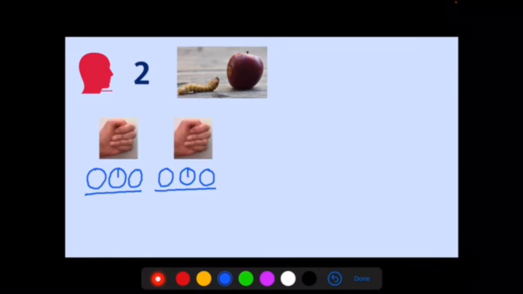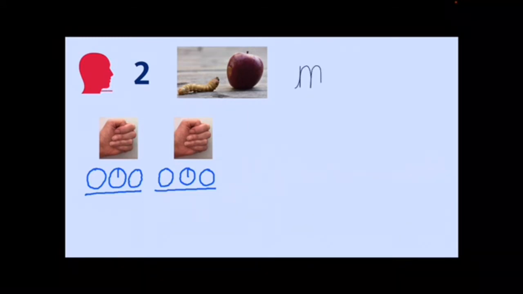A short vowel in both of those syllables. Mag-got. But maggot is the way we would usually say it. Let's have a go at writing it. It's M, A, G. Oh, we're having a double G.